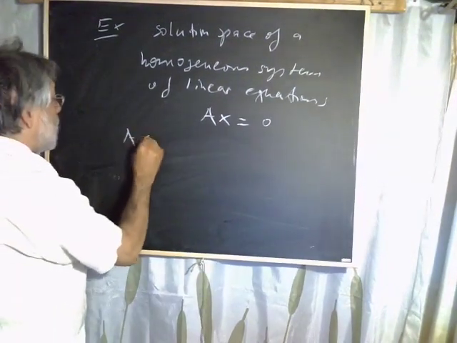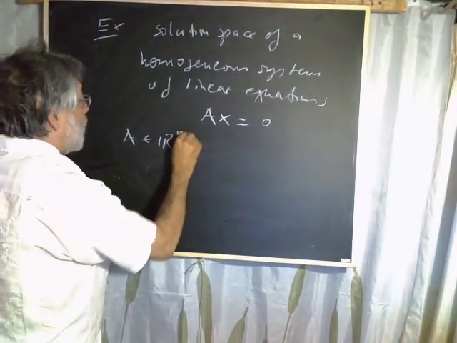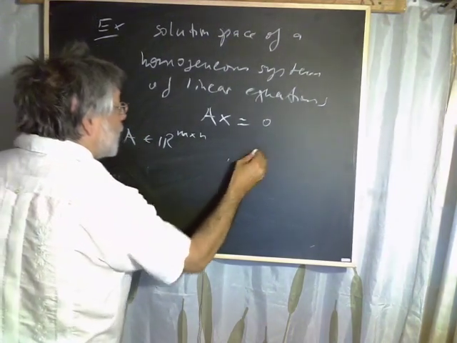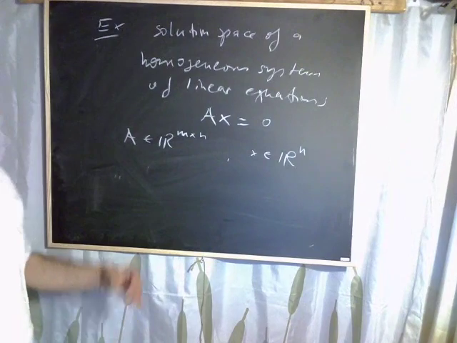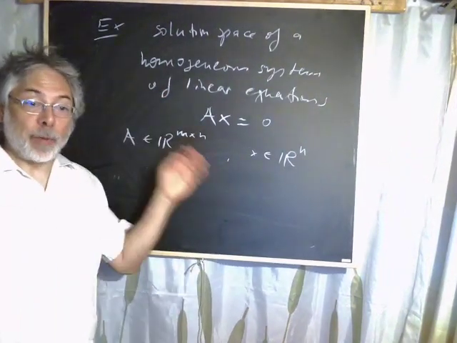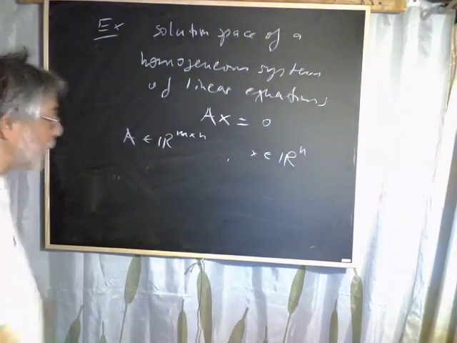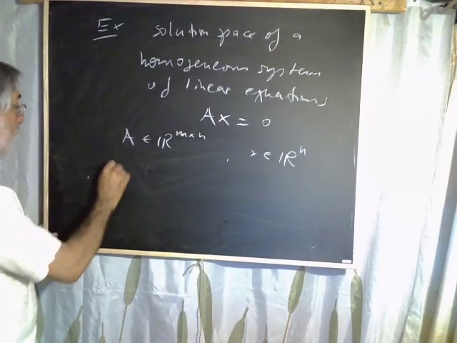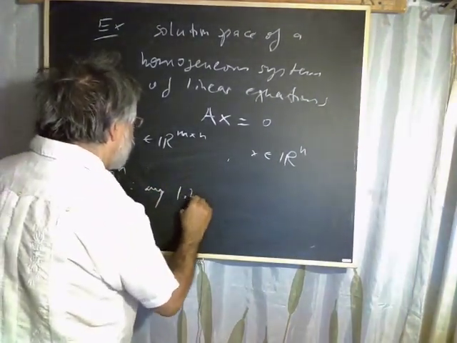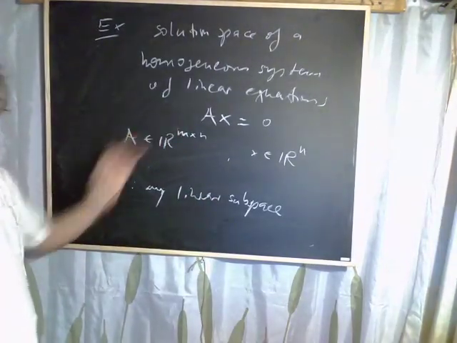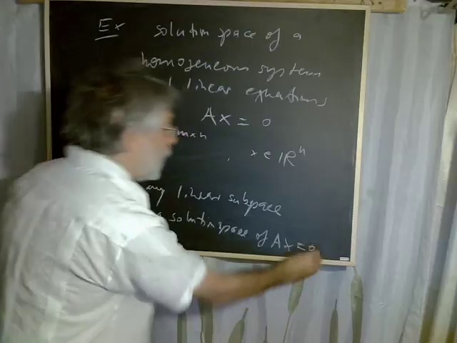Here A is again an M times N matrix, and we are seeking the solution in R to the N. This is a very important example of a linear subspace, and later we will see that in R to the N, any linear subspace is the solution space of such a linear system.